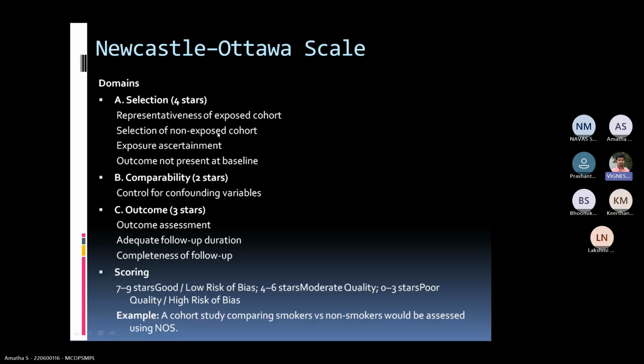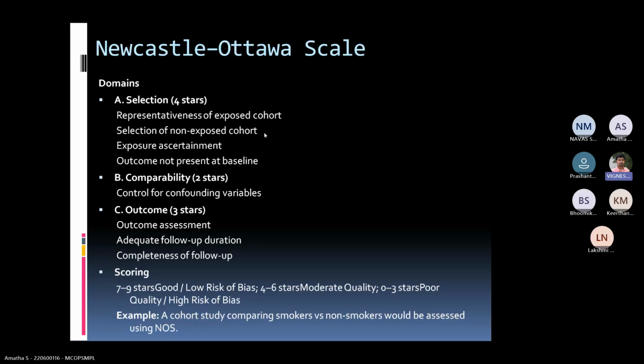For example, selection of the first participant: what is the selection criteria? What is the selection of the second participant? What is their exposure rate? What is the outcome? All this should be there. For these things, we give star marks. We are not assigning any points. And last, we will count the stars.